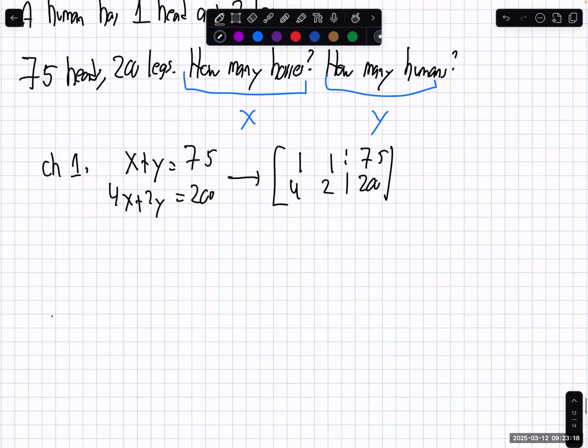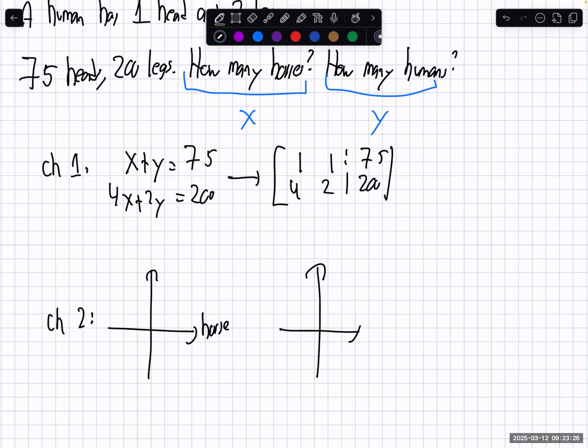What we saw in chapter 2 was we imagined we had a transformation where the input was a vector representing the number of horses and humans, and the output was a vector in the legs versus heads space.